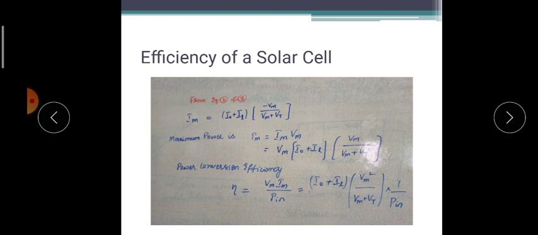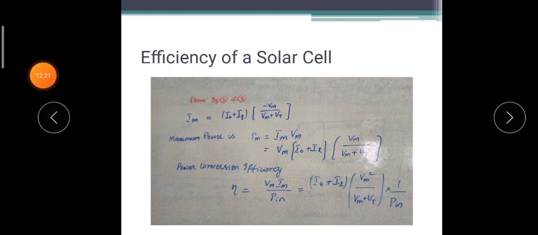The maximum power that is obtained is given by Pm is equal to Im into Vm, where Im is simplified to I naught plus IL into minus Vm divided by Vm plus Vt.